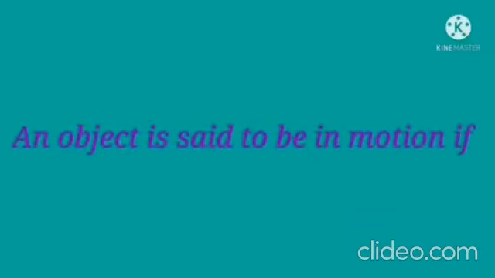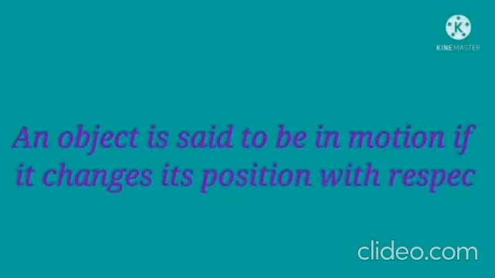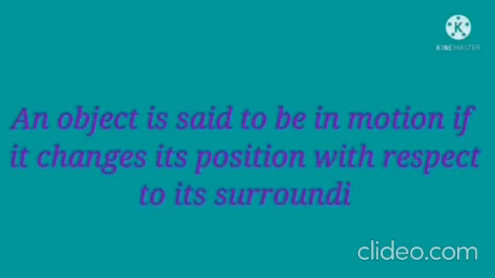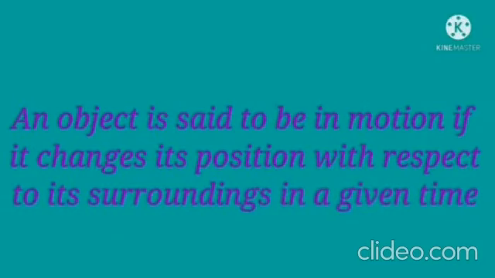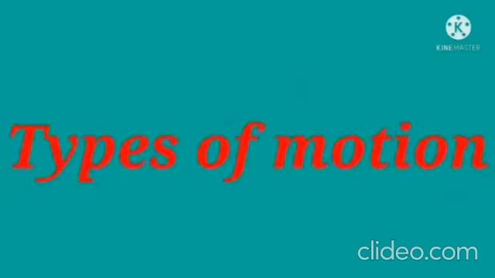An object is said to be in motion if it changes its position with respect to its surroundings in a given time. So, motion is the action of changing location or position. Types of motion.